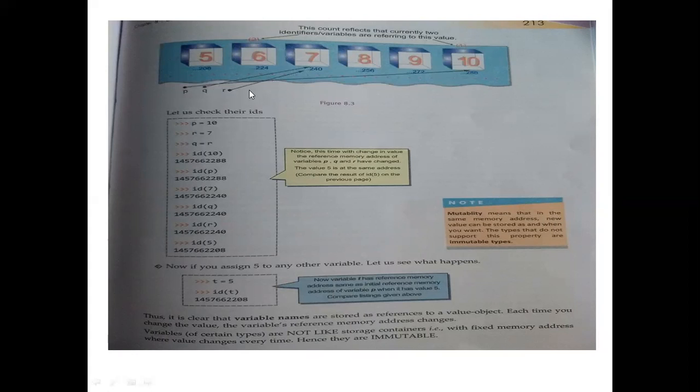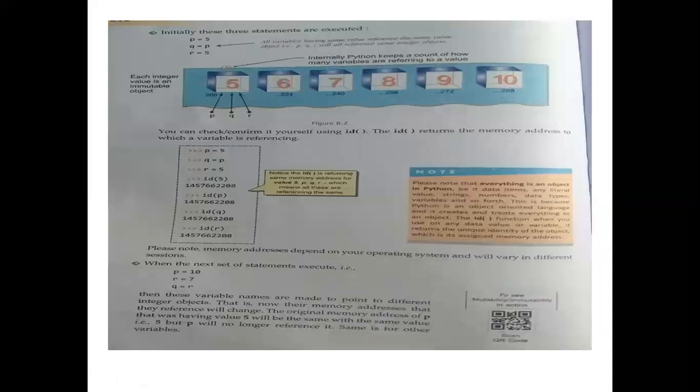The original 5 is not changed, it is stored in the memory as it is. For this reason, these integer and floating point values are known as immutable. इसका value change नहीं होता, वहीं location में store होता है. लेकिन जब statement लिखते हो p equal to 10, पहले p का value 5 था, अभी 10, मतलब p no longer refers to 5, it refers to the address of 10.